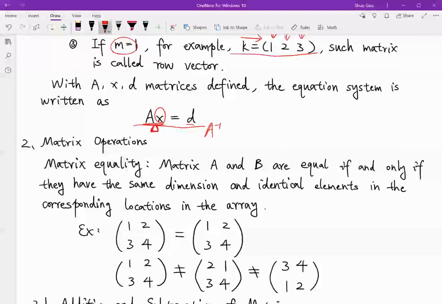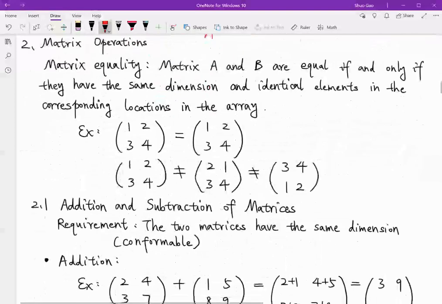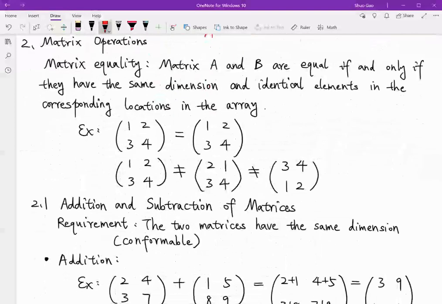Okay. So second, let's talk about how to actually do operations on matrices. The first definition is called matrix equality.